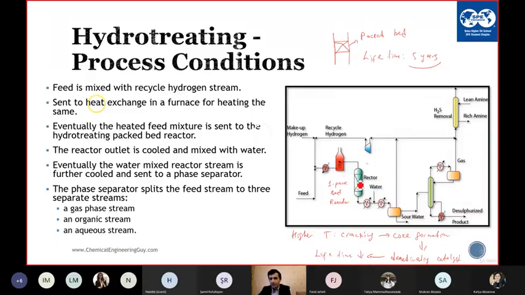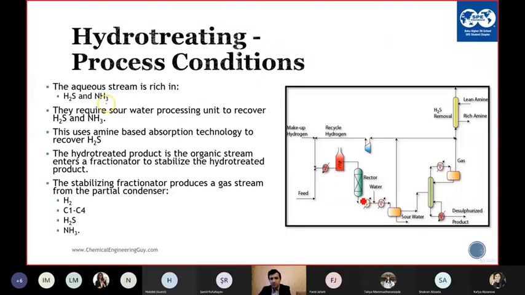And then after the reaction, you cool it down, and then you send it to the separator. This is the separator. You can also call it HP separator, high pressure separator, where the hydrogen is recycled back to the system, and sour water is separated.